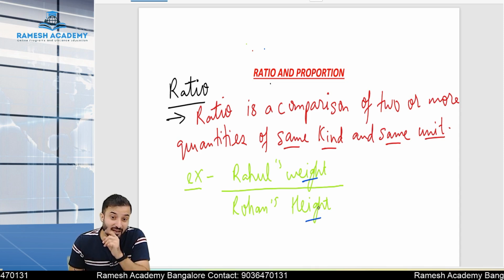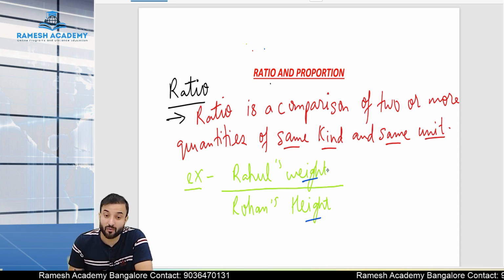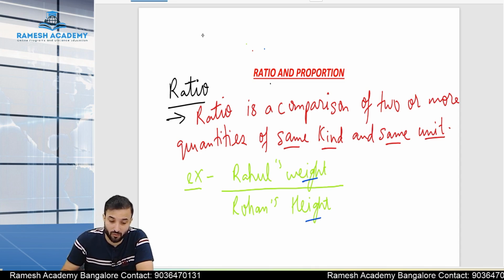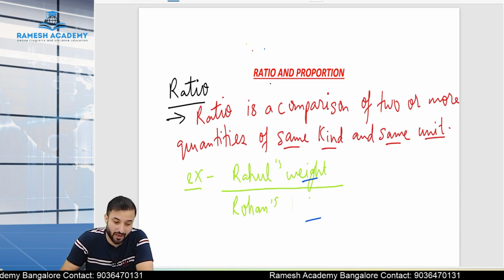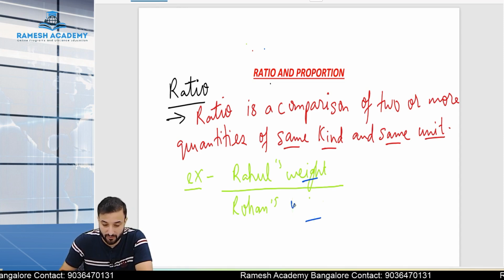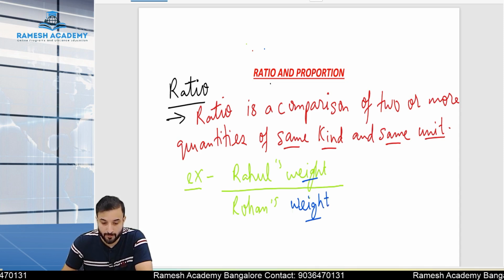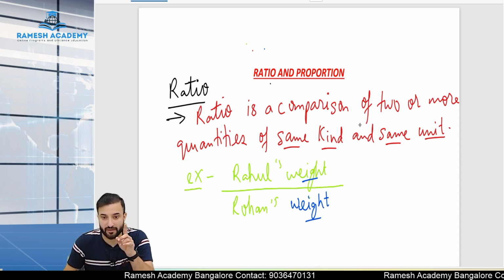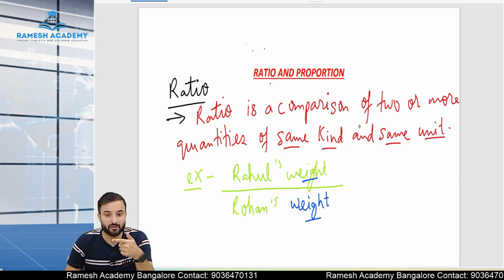So this is what we mean by a kind. What can we compare? We can compare Rahul's weight to Rohan's weight, or Rahul's height to Rohan's height. Understand? So this is the same kind, weight and weight, otherwise height and height.